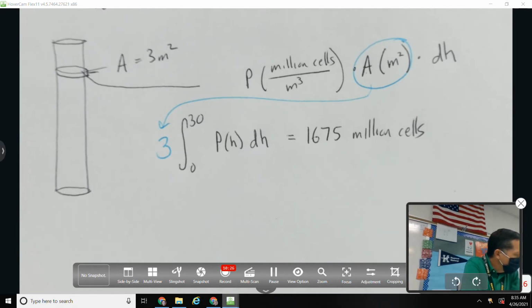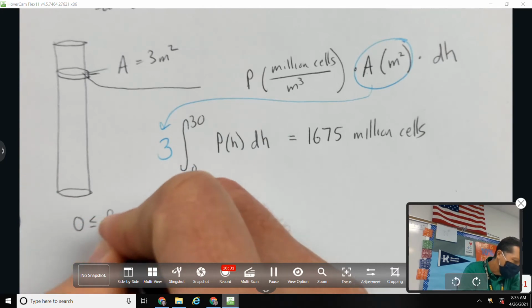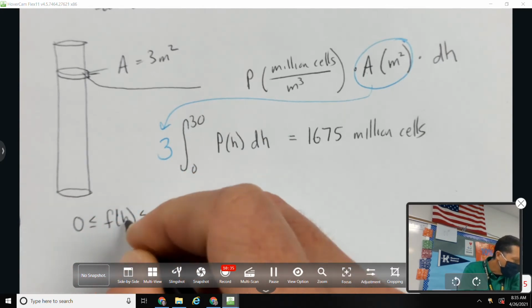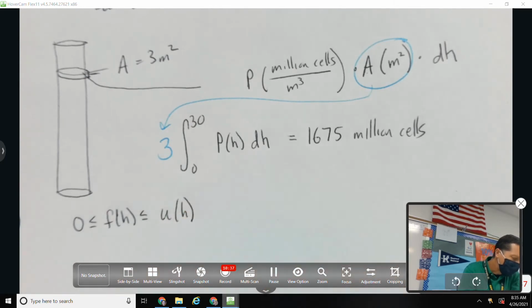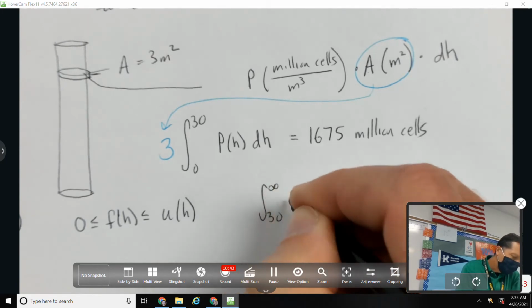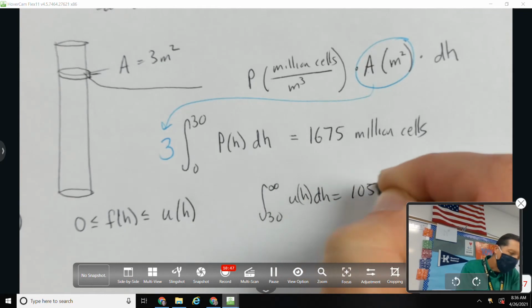Part C. There is a function u such that f of h is more than 0 but less than u of h, and the integral from 30 to infinity of u of h dh equals 105.